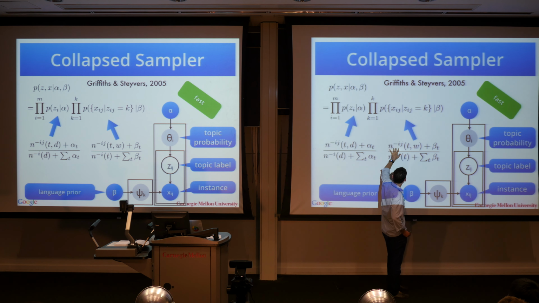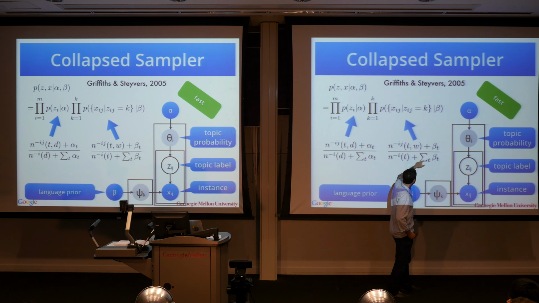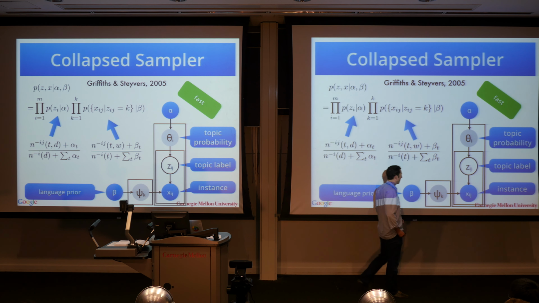And there I have likewise the same expression, so that's basically for a particular word. I now need to find out, what's the probability for that word for a particular topic. So I need that count divided by the total number of words occurring in that topic. So that's this term here. And likewise, the smoother. Okay.